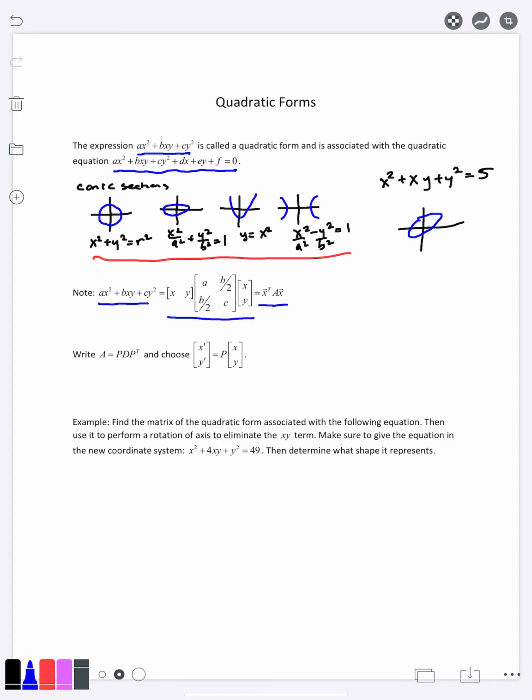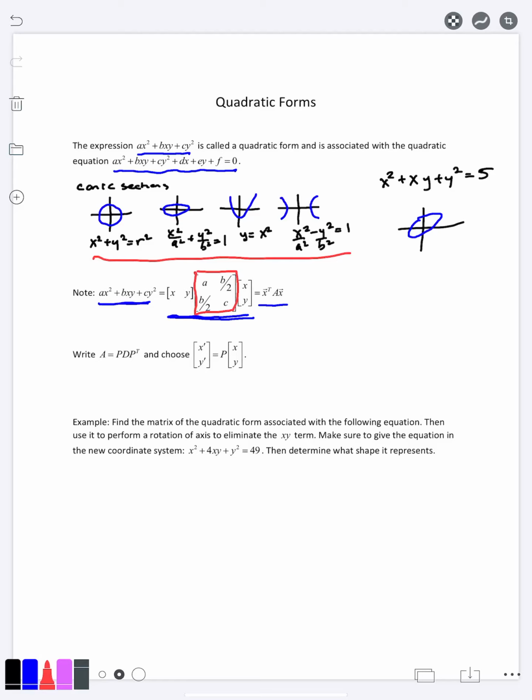You can believe me or you can work it out yourself, but if you multiply all three of these things out, you're going to get ax squared plus bxy plus cy squared, and there you go. This matrix right in here is a symmetric matrix, which means it's going to be orthogonally diagonalizable.